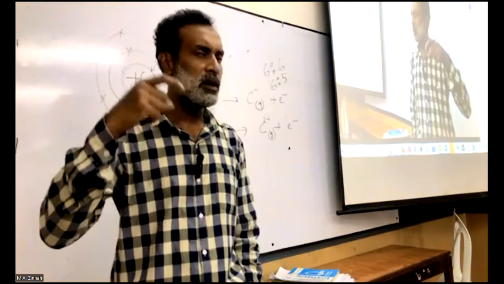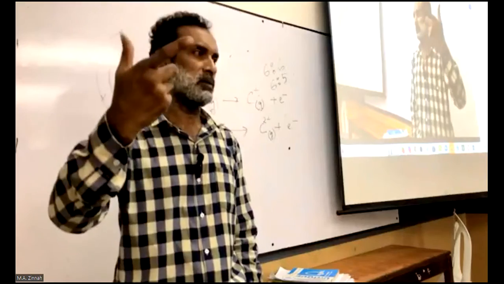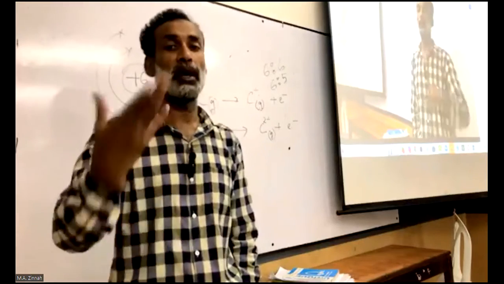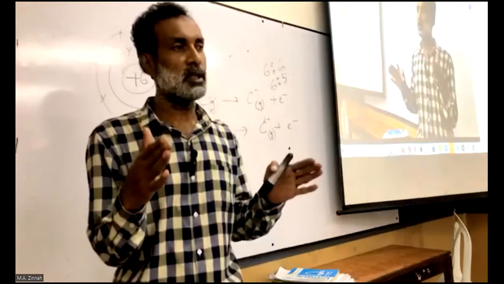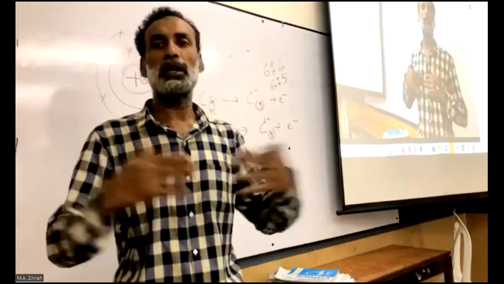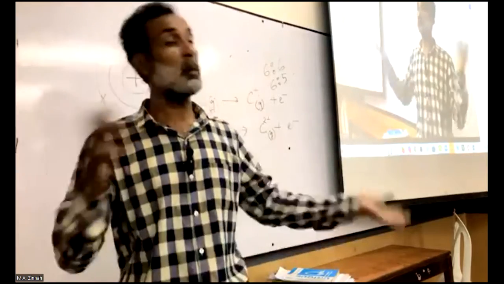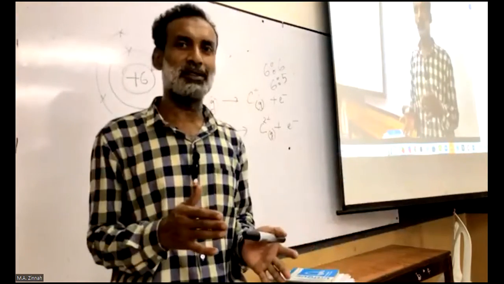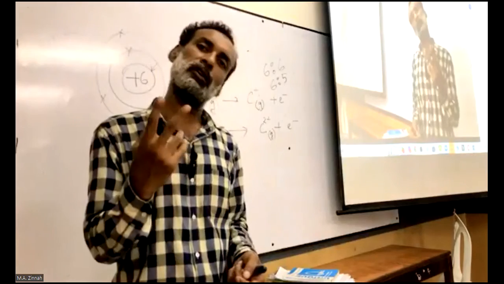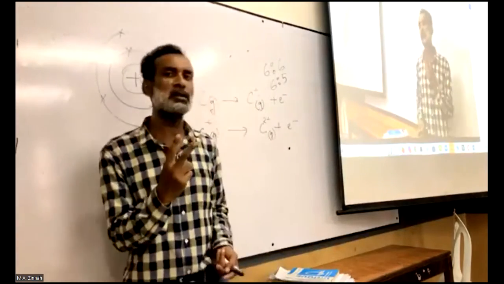Understand me? Nucleus and the electron. Second time you're going to remove another electron, this distance is less, because after removing an electron or electrons of any atom, size will decrease gradually. So this is another point. Are you clear about these 2 points?